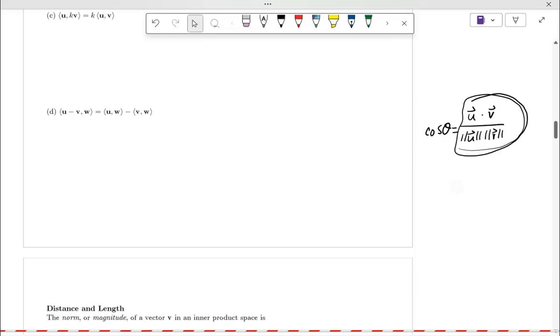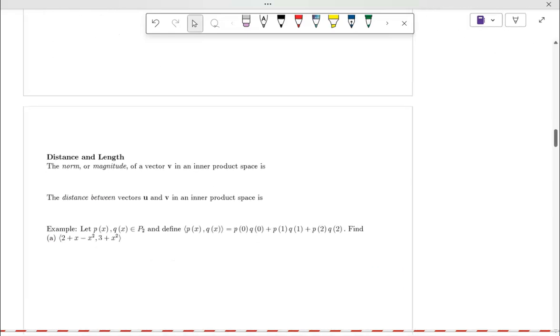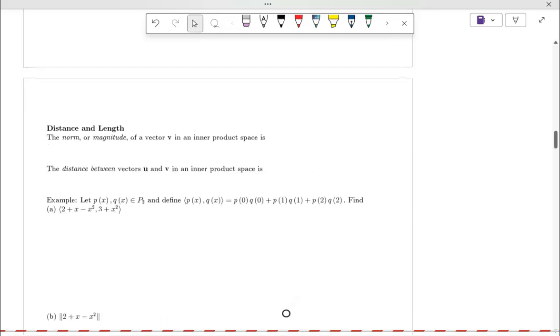But notice that part of our formula, besides being inner product, is also length. So we should be able to define the length or the magnitude or the norm. We talked about how we could define that generally back when we did it for Euclidean vectors, but just to write it down again.